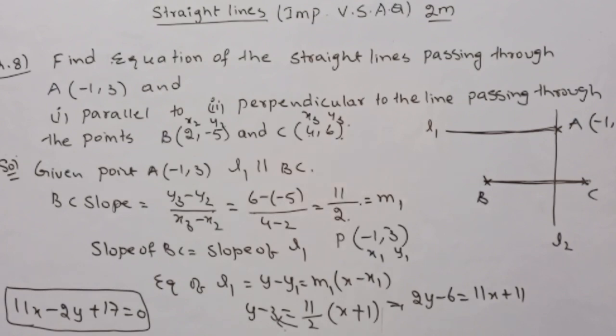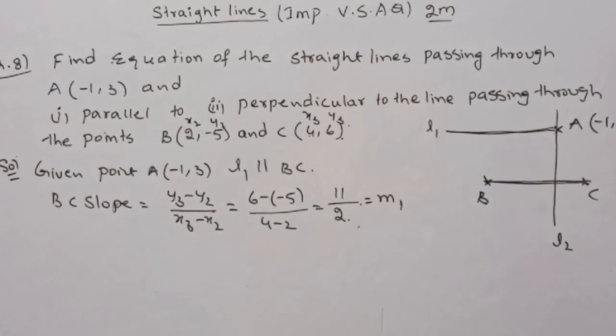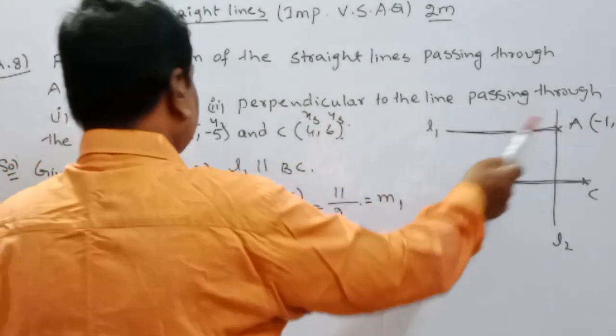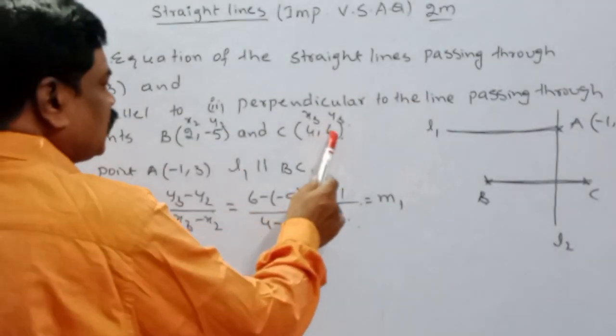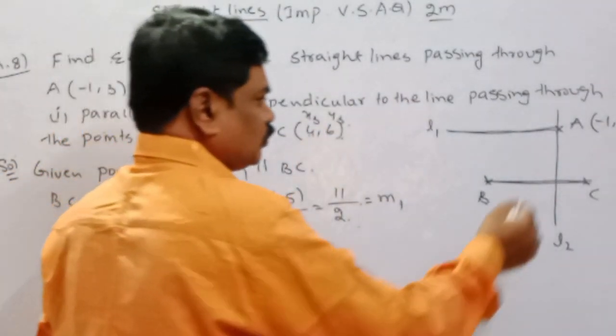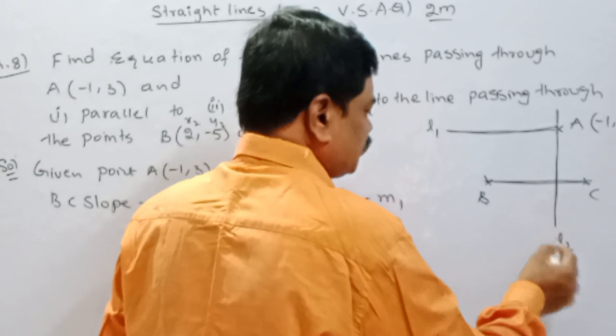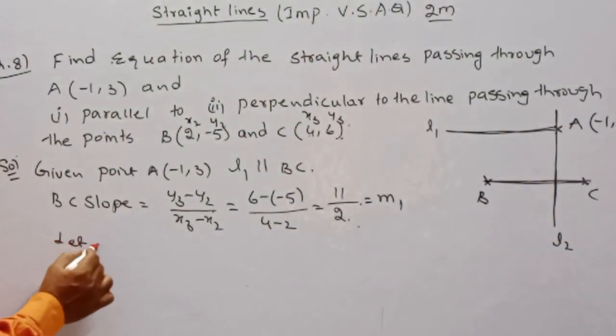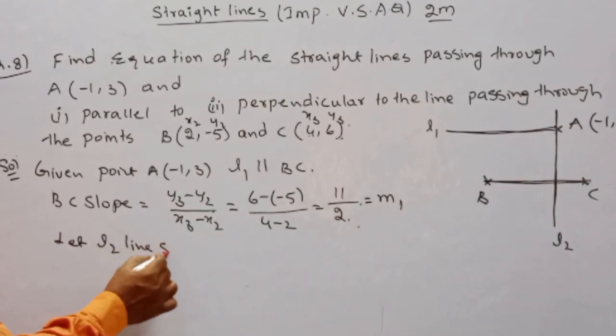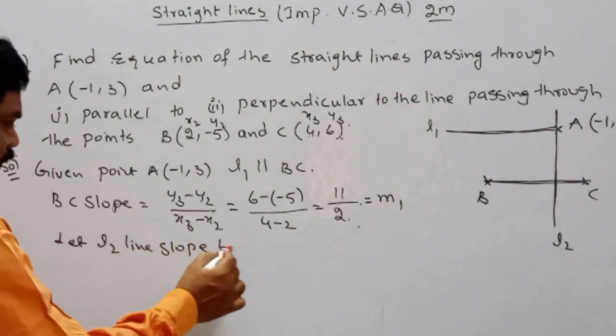That's all. Now, the perpendicular to the line passing through the points B(2, -5) and C(4, 6). That means we have to find the equation of the line L2. Let the slope of line L2 be m2.